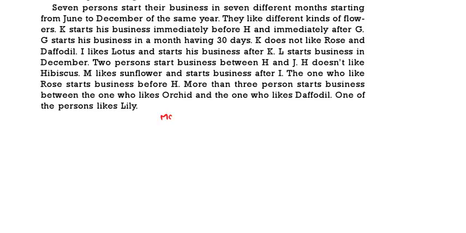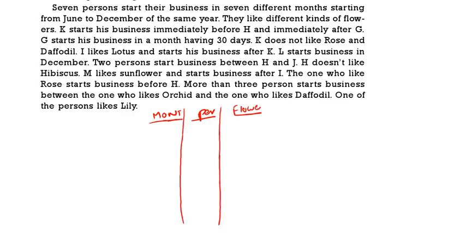So first, take month, followed by person, followed by flower. So month, person, flower. This is a 3 column table: month, person, flower. Below the months you write down the names of the 7 months.